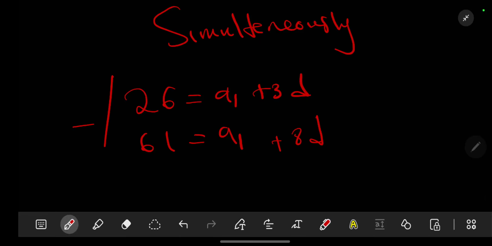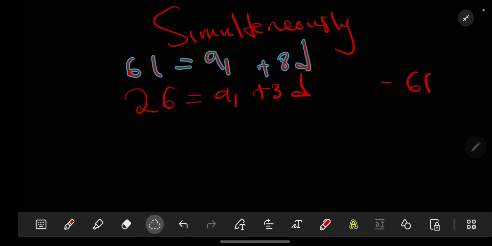So subtracting, we are going to have 26 minus 61, which is less, but to avoid complicating stuff, let's just get the bigger one, put it on top, and subtract. Why are we subtracting? Because a1 and a1 have got the same value.